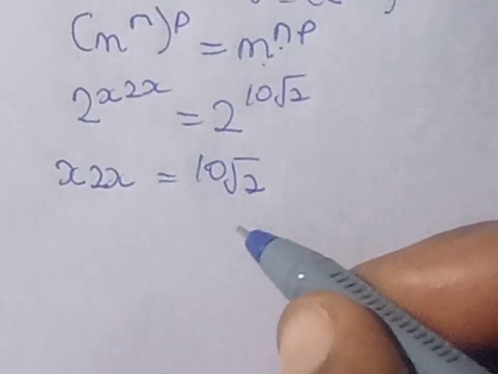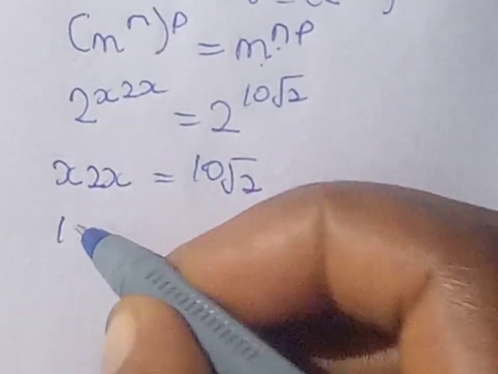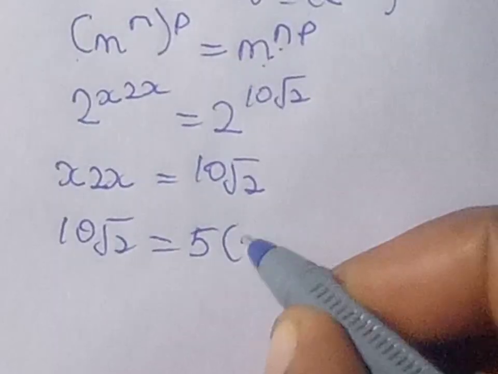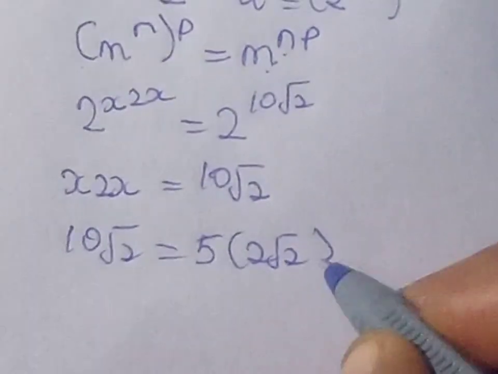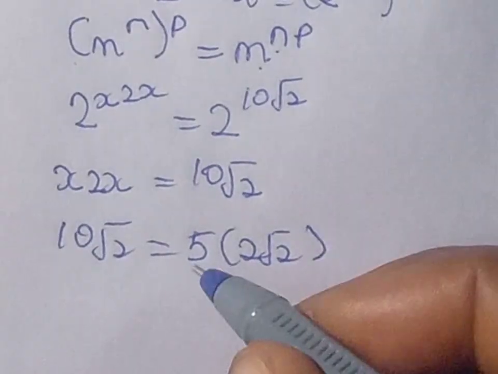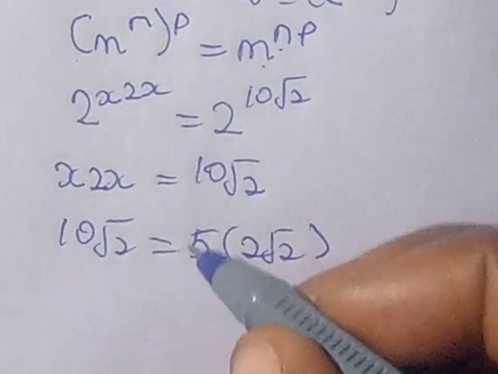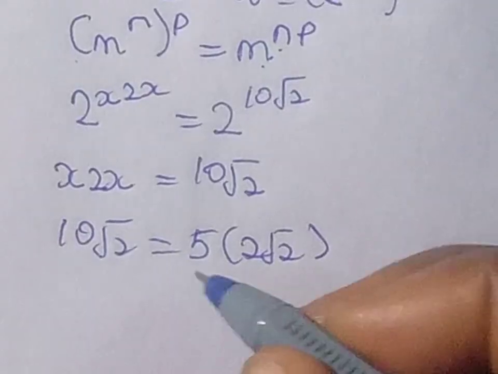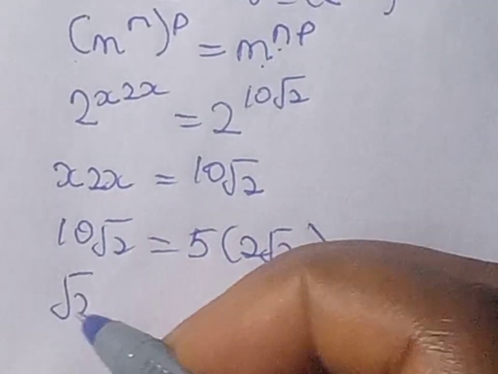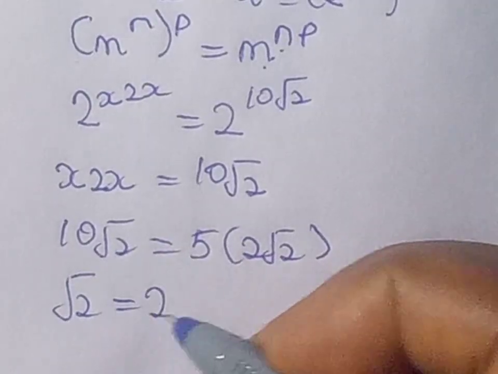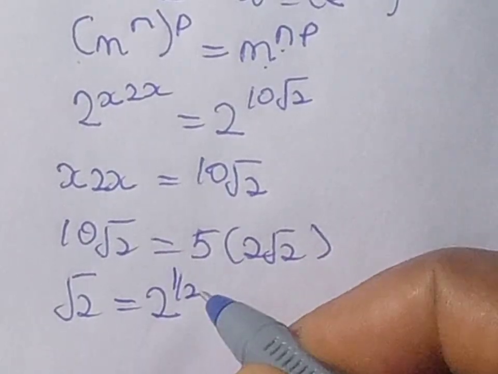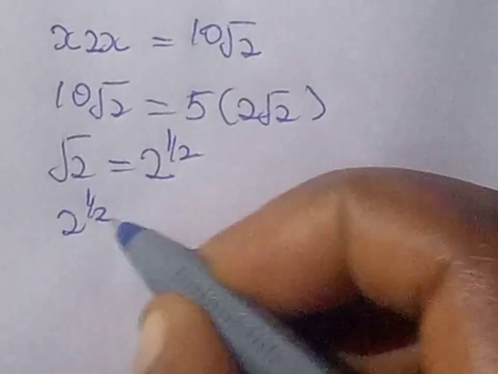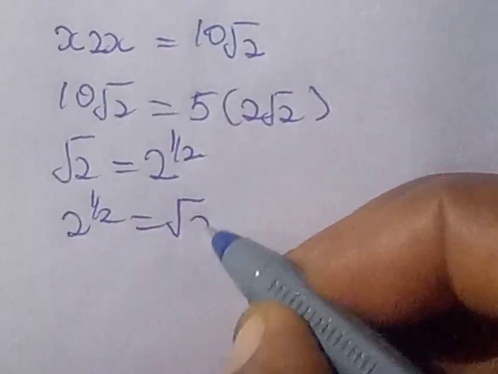Let's look for a clever number. Note that 10 root 2 equals 5 times 2 root 2. So we ask ourselves, can we write 2 root 2 as a power of 2? Yes. Let's start with root 2, which is equal to 2 raised to the power of half. This is true because 2 raised to the power of half will give us root 2.